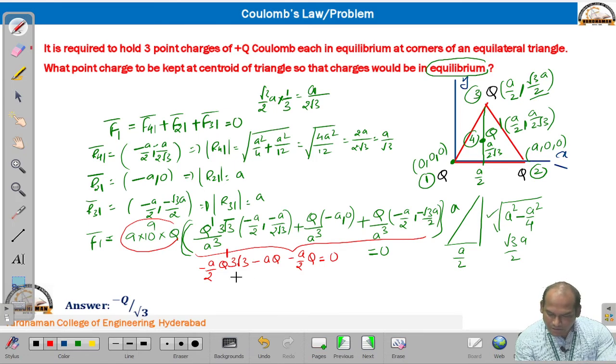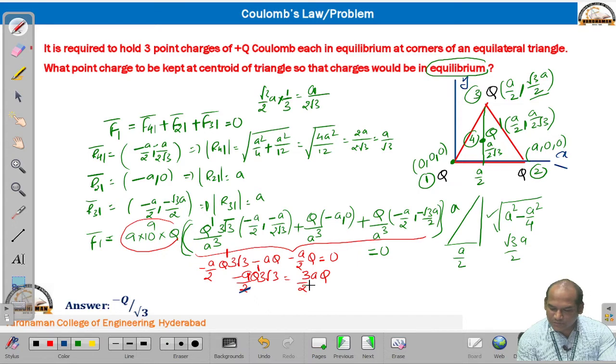Next, minus a by 2 q in q dash 3 root 3 is equal to a q, and a by 2 q I am sending to the right side, and that is like 1 plus 1 by 2 means 3 by 2, you will get 3 by 2 a q.